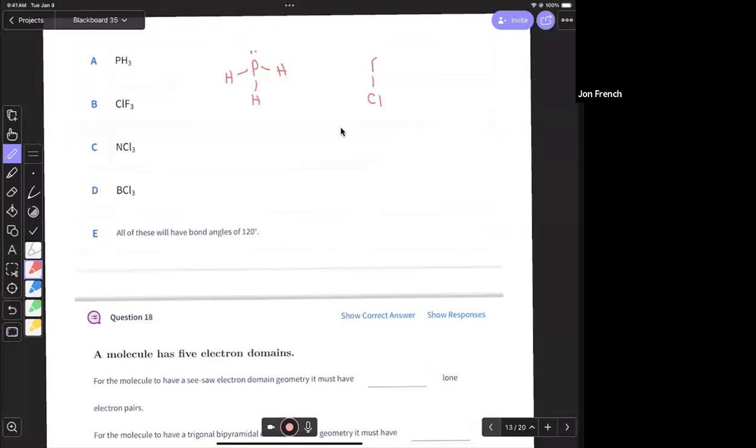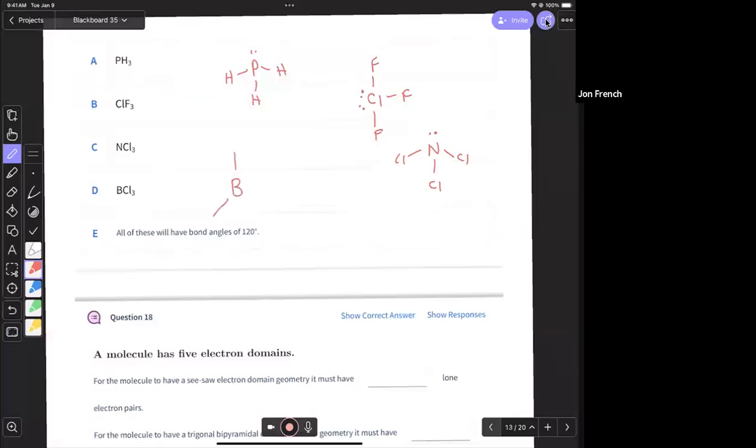The chlorine trifluoride is in the trigonal bipyramidal electron domain geometry. The nitrogen trichloride is also in the tetrahedral electron domain geometry. So far, none of these will have 120-degree bond angles. And then last but not least, the boron trichloride, right?